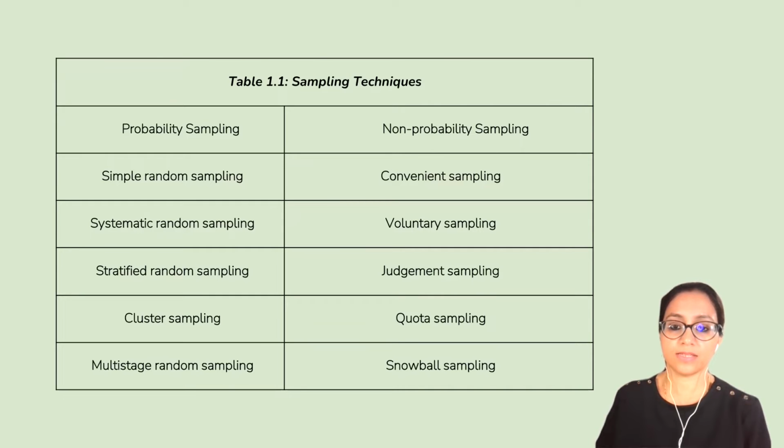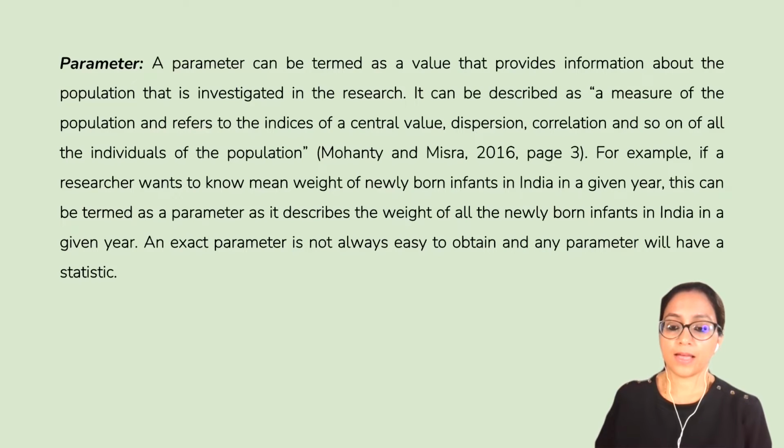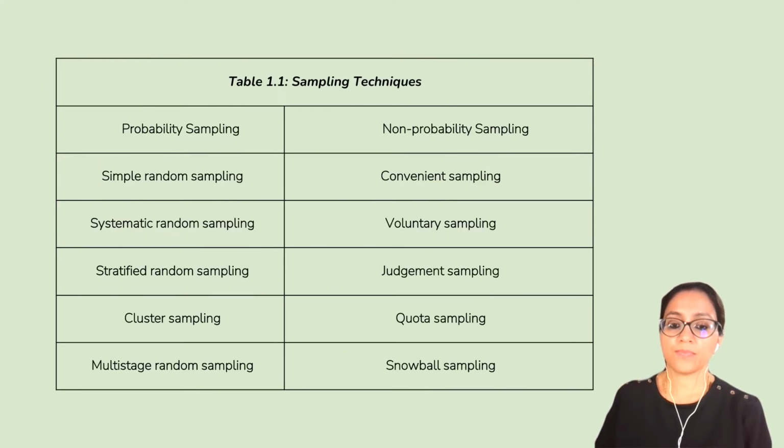And there is convenient sampling, systematic random sampling, voluntary sampling, stratified random sampling, judgmental sampling, cluster sampling, quota sampling, multi-stage random sampling, snowball sampling, and so on. So these are some of the main types of sampling techniques used in statistics.